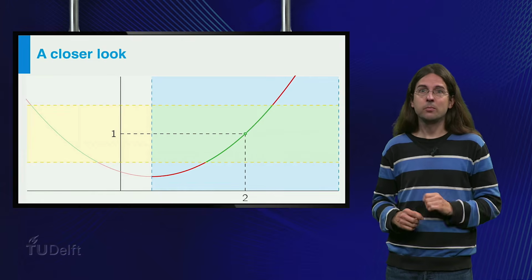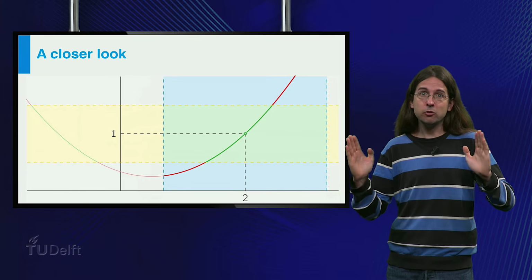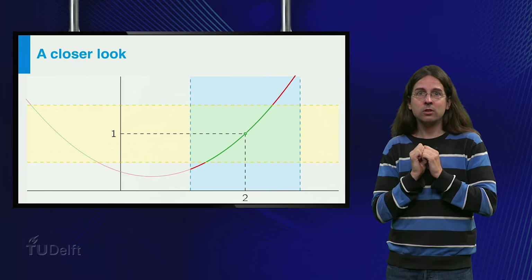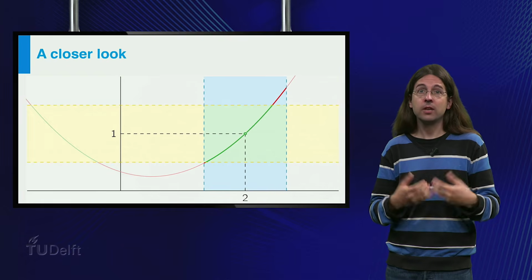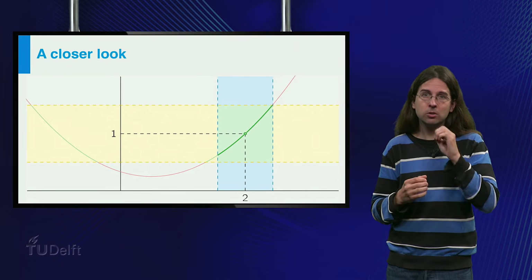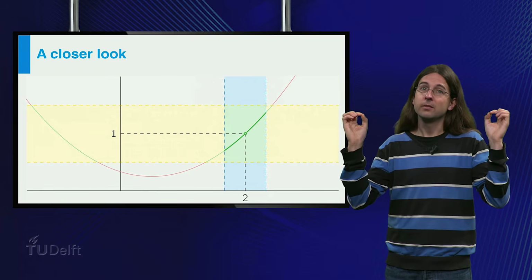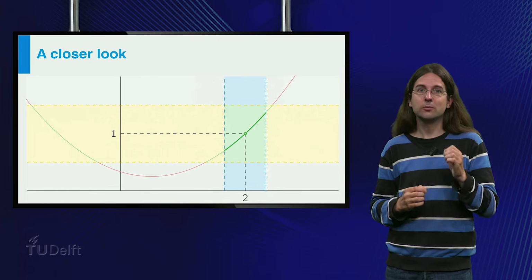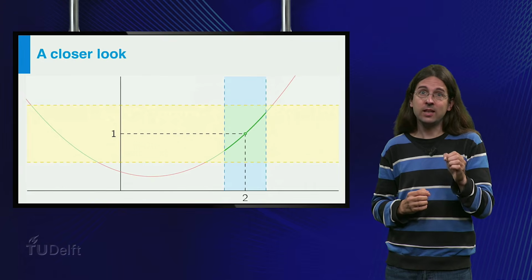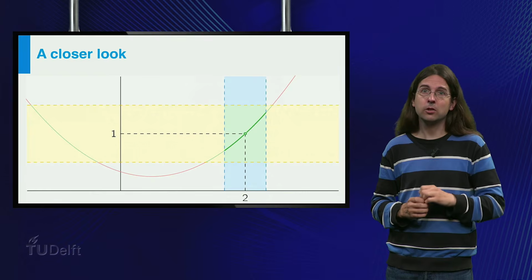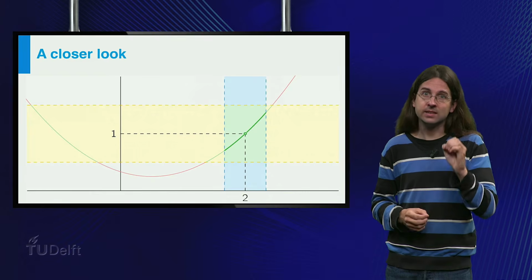We can make the vertical strip smaller by moving the blue lines close to 2. And as the strip gets smaller, the red part of the graph in the strip gets shorter and shorter until at some point it is gone. With this adjusted notion of close to 2, we can say that for every x close to 2, the function value is close to 1, exactly as we want.